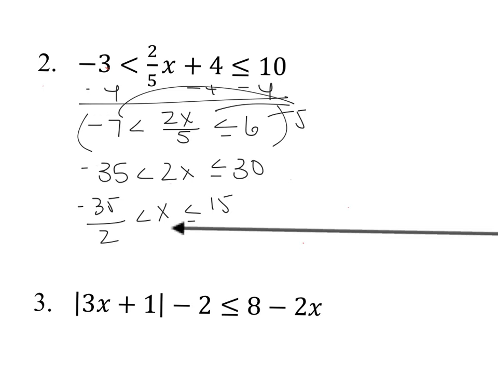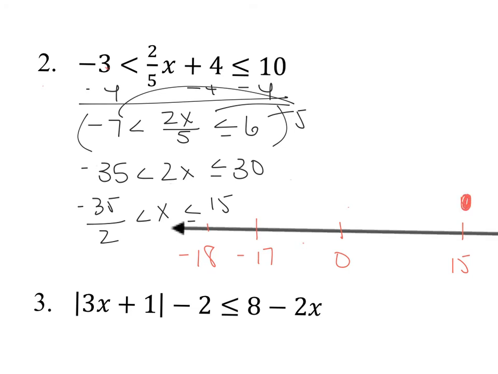So if I go ahead and graph this, negative 35 over 2 is approximately negative 17.5. So here's 0, here's 15, here's negative 17, and negative 18. On your test, hopefully you would know to make a prettier inequality graph than this, but for purposes of time, I'm just going to graph it like this.